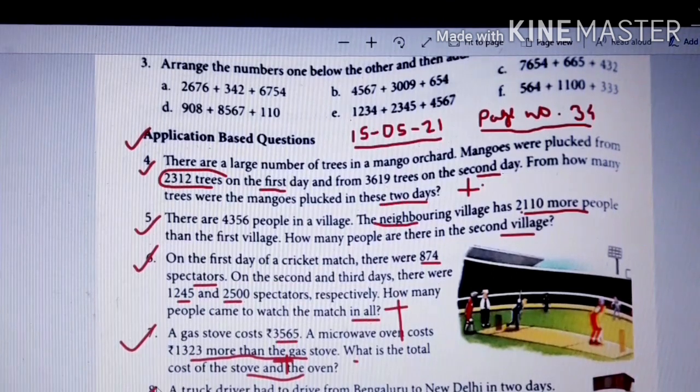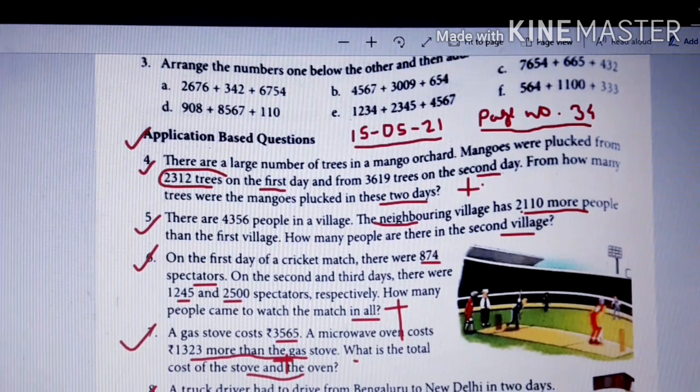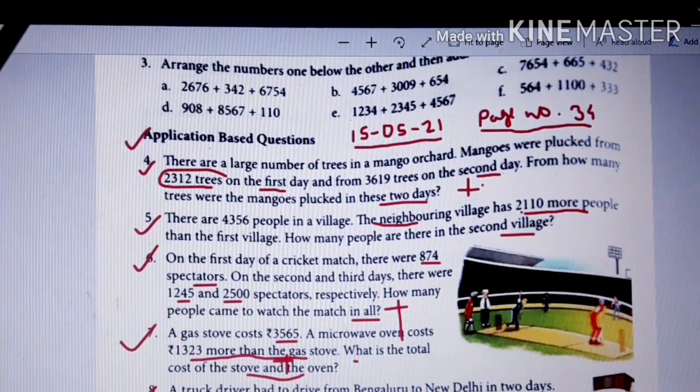Question number 8. A truck driver had to drive from Bengaluru to New Delhi in 2 days. Okay, he had to reach there in 2 days. So on the first day, he drove 1089 kilometers. He found that he had to drive another 1068 kilometers on the second day. What is the total distance he had to drive?